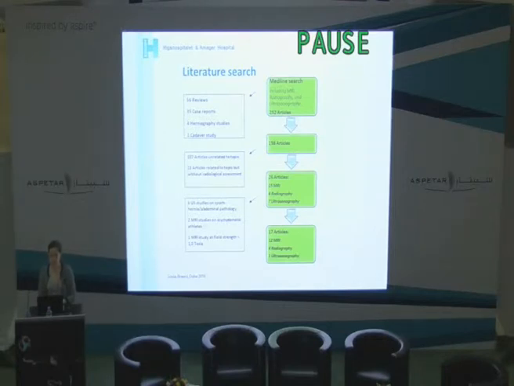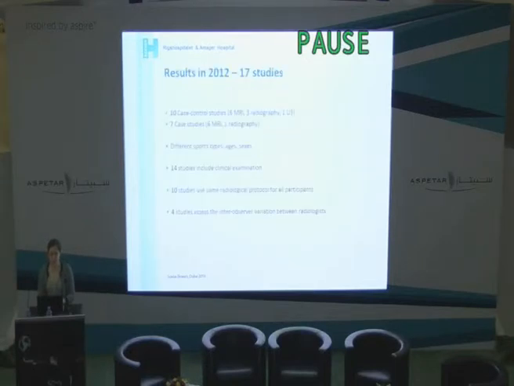After applying those criteria, our initial search yielded 252 articles, and we ended up with 17 articles, of which 12 were MRI studies, 4 were radiography studies, and 1 was an ultrasonography study only. Of those 17 studies in 2012, 10 were case-control studies, and 7 were case studies only with no controls.